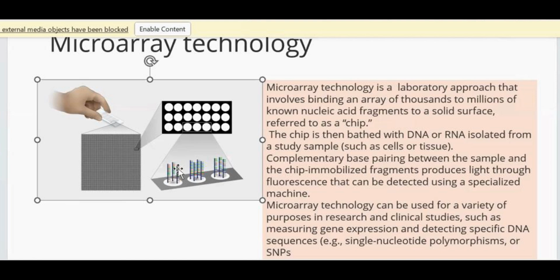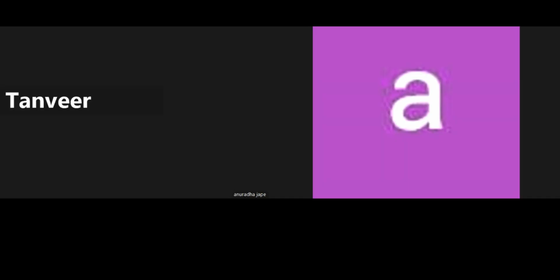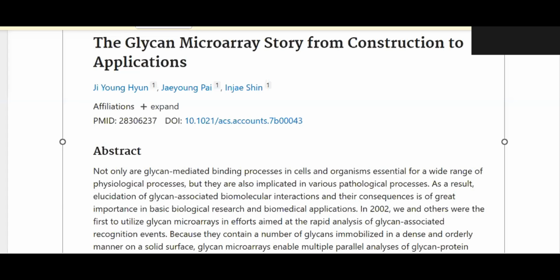So to begin with the discussion, I would like to share the first slide, which is a research paper by Shin et al, talking about glycan microarray, the story from construction to application. Now, when I say glycan mediated binding process, the methodology we will get to know, but why is this word glycan microarray coming into the picture?